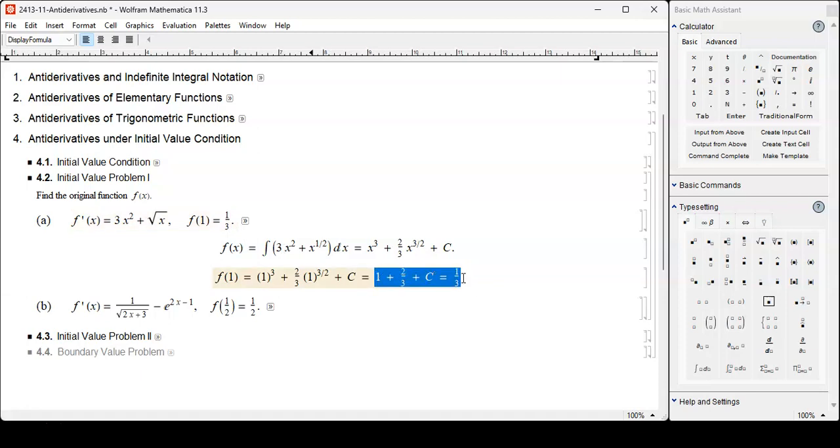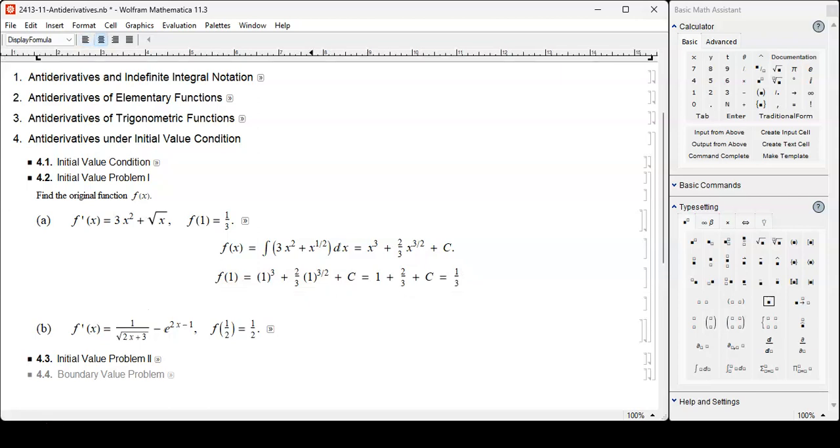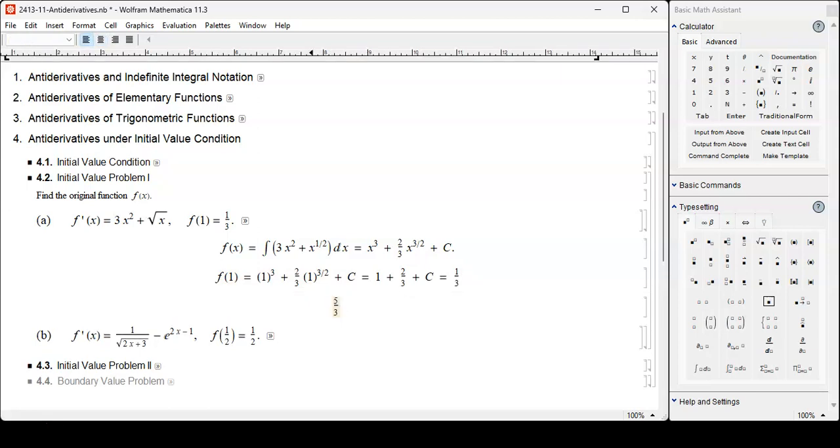You can solve this. What do you get if you solve it? 5/3 plus c is 1/3, so you're getting what? Negative 4/3, is that it? 1/3 minus 5/3.